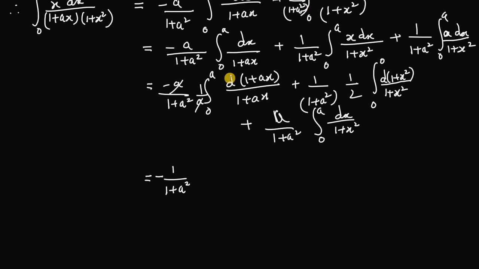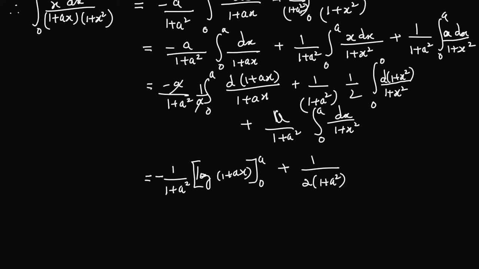Now this one is of the form integral du by u, so it will be log of u. So the first one will give you log of 1 plus ax from 0 to a, plus 1 by 2 times 1 plus a square.